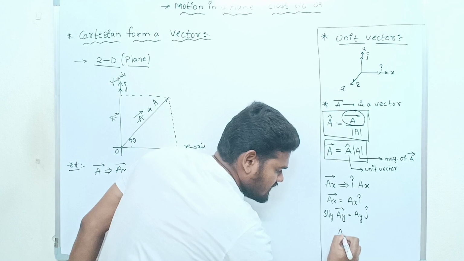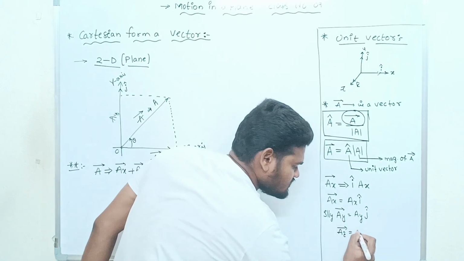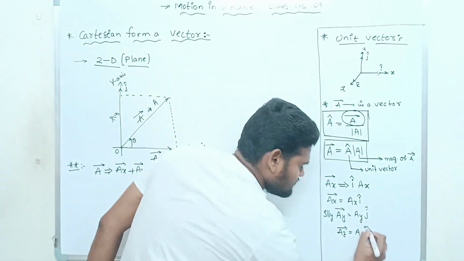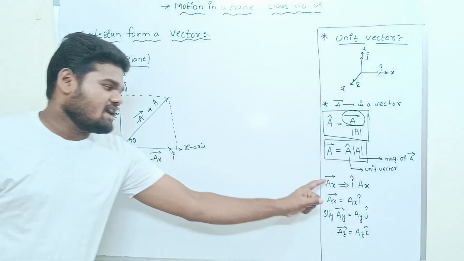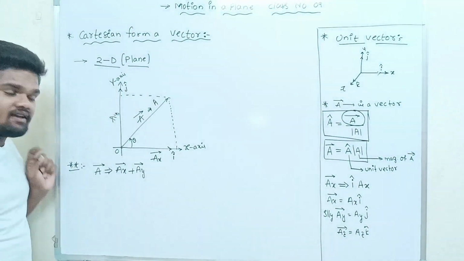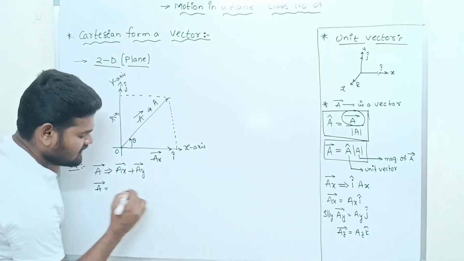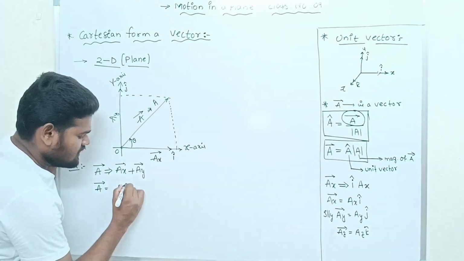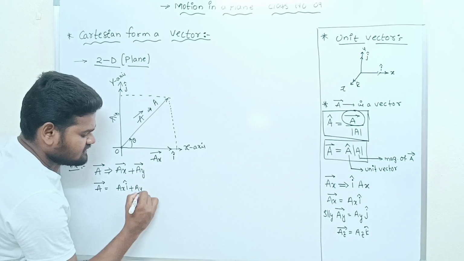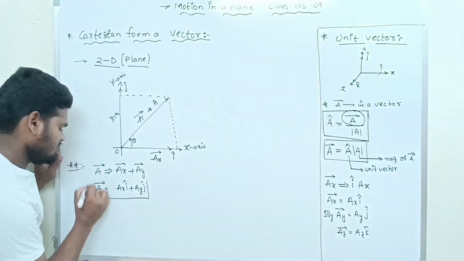And az bar is equal to az into k cap. So just substitute these values here. Have a look. Vector a bar is equal to ax i cap plus ay j cap. Are you getting any doubts?